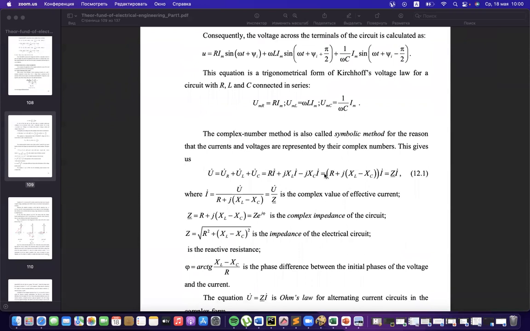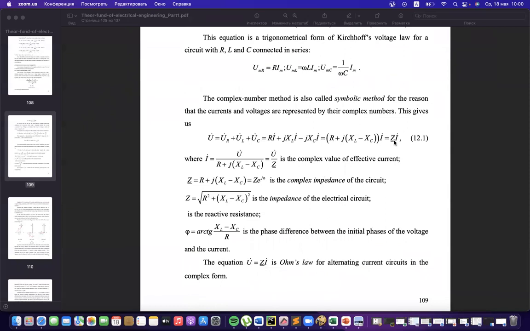But for sinusoidal values, we could substitute complex vectors instead of this general formula. There will be 3 types of complex resistance, 3 types of complex vector, and we could add them all together. Complex resistance in 3 forms: in the form of R, jXL and minus jXC.